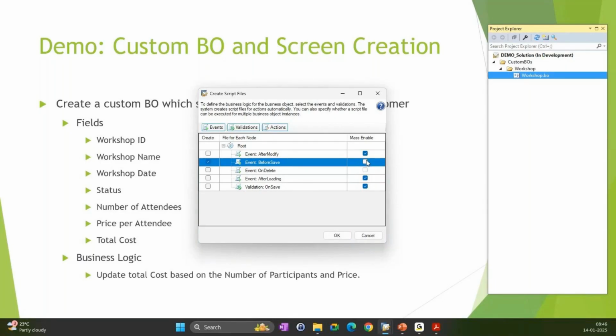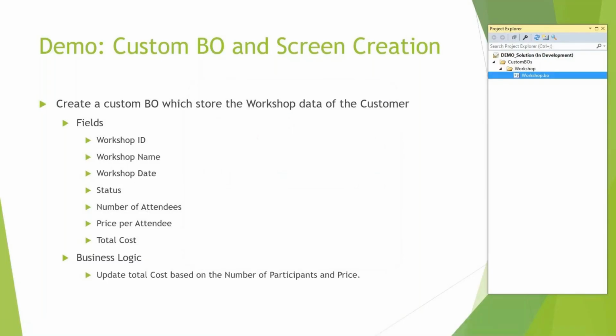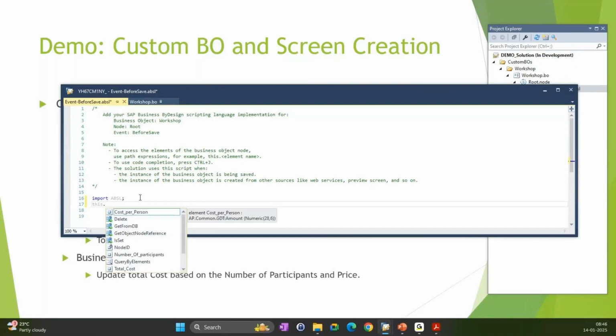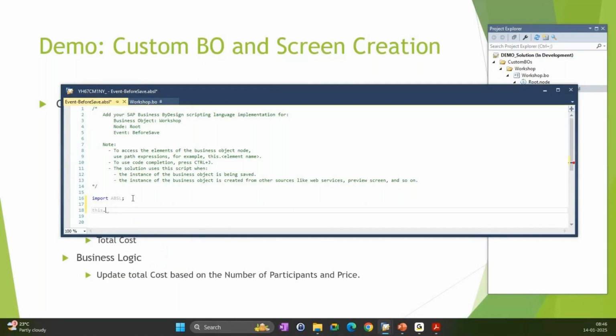Maybe I will show you here once it's created. So say a BO holds 10 workshop IDs, we would trigger the update for every one of them? Is that what you meant? Yeah, we will mostly use this mass enabled in MDROs, the mass data runs.